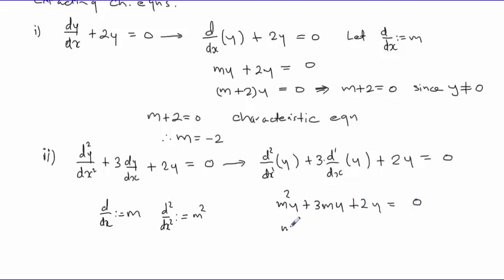Then we'll have m squared plus 3m plus 2 multiplied by y equals 0, which implies that m squared plus 3m plus 2 is equal to 0, because our solution y we take as non-trivial.